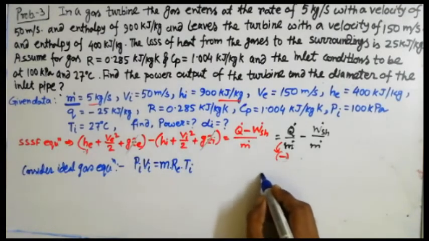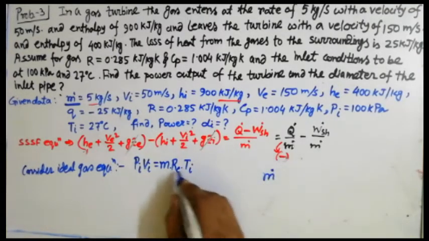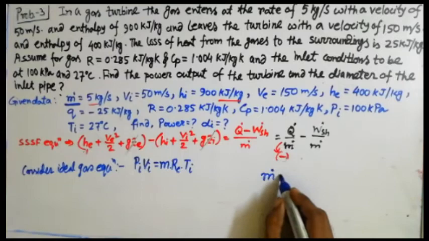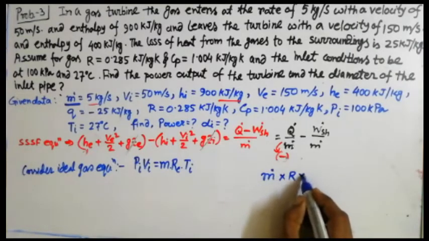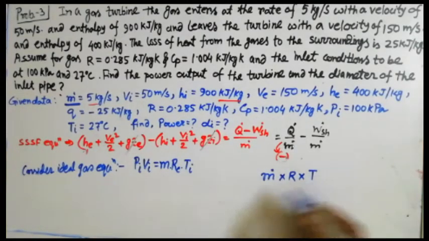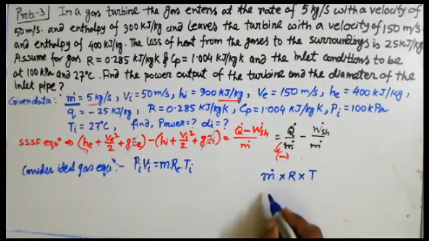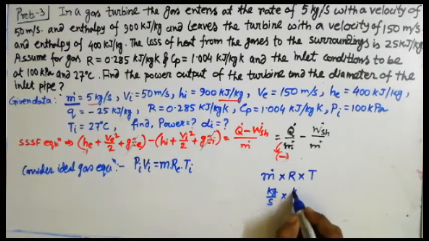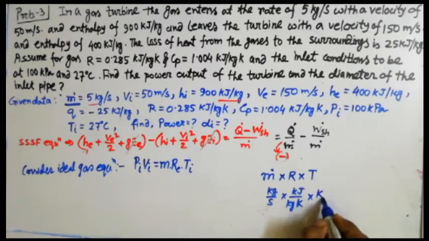If we consider the right hand side of that equation as M dot R into T, what will be the unit coming over here? Check it. M dot gives kg per second, R is kilojoule per kg Kelvin, and T is in Kelvin.